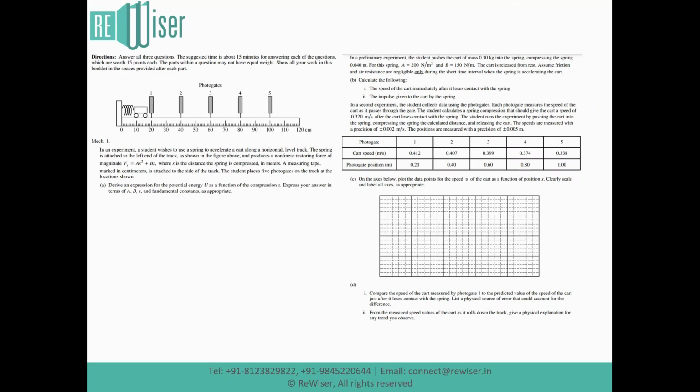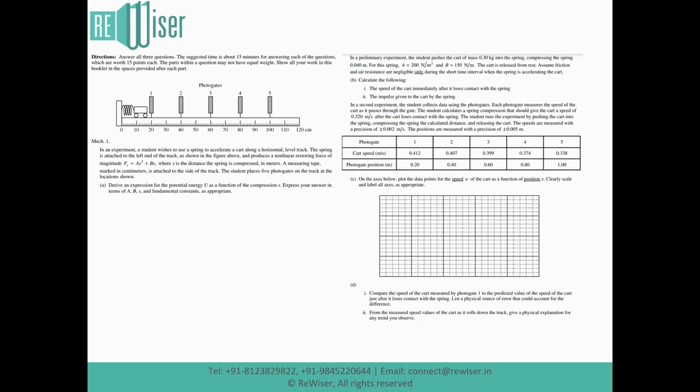In an experiment, a student wishes to use a spring to accelerate a cart along a horizontal level track. The spring is attached to the left end of the track as shown in the figure above, and produces a non-linear restoring force of magnitude Fs equal to a s squared plus b s, where s is the distance the spring is compressed in meters.